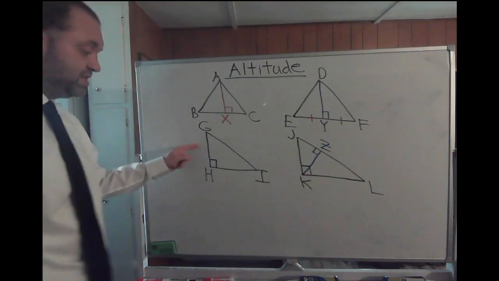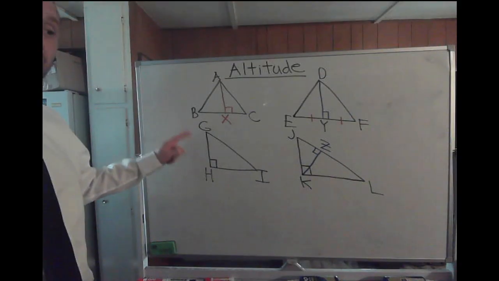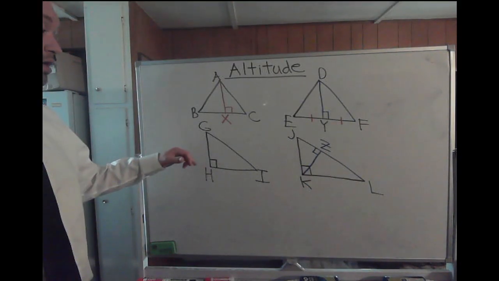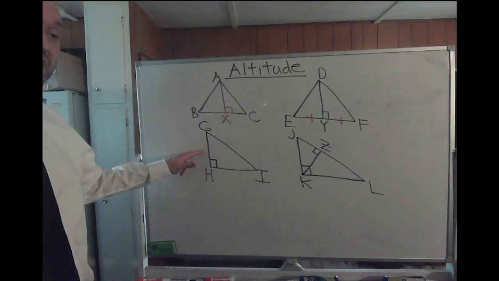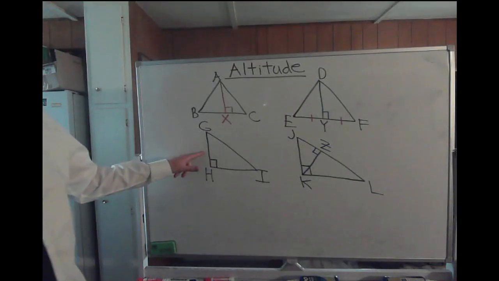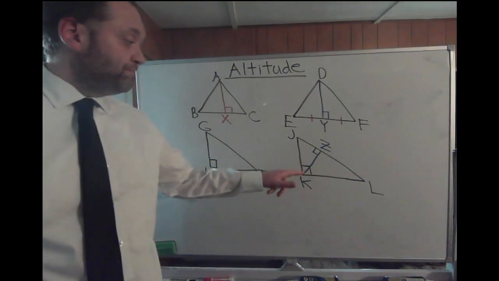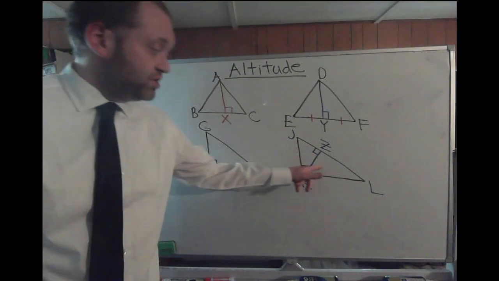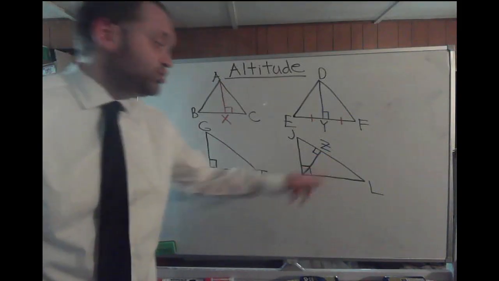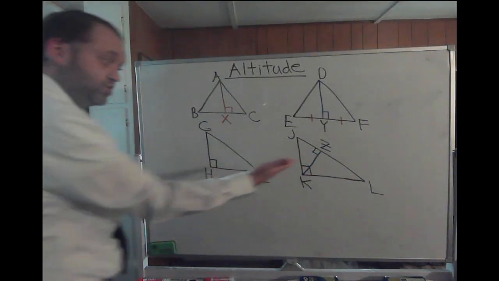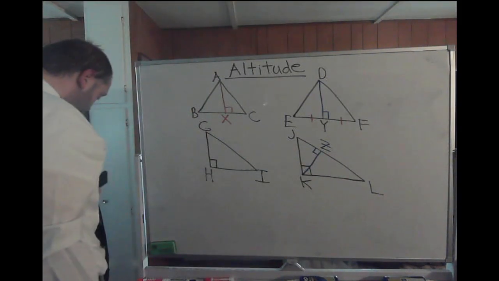So for two instances, you have in a right triangle where the altitude is actually one of the sides or one of the legs of the right triangle. In the third instance, you have the altitude of a right triangle inside the triangle, such as with triangle JKL, you have KZ.